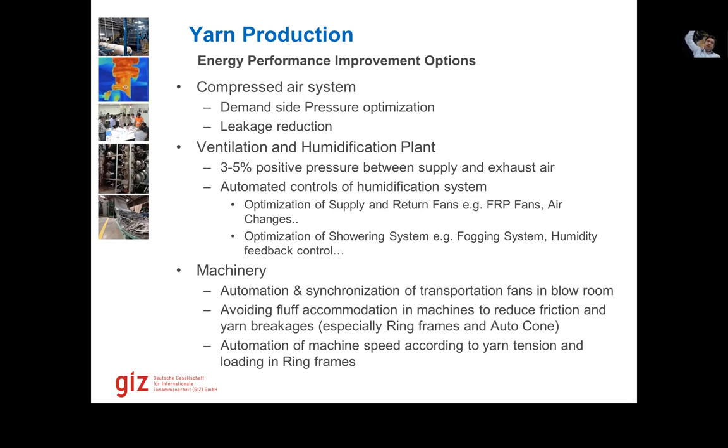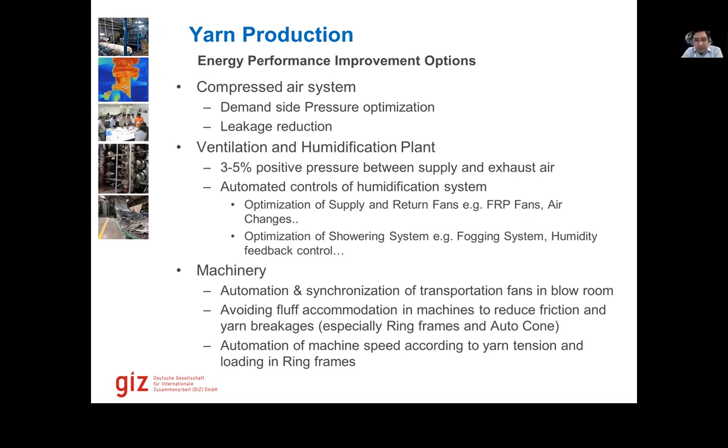So we provide more air from the top and exhaust less air, so it pushes the fluff downwards. If you enter a spinning mill or a weaving mill and see fluff particles suspended in the air, that means positive pressure is not being created, they are creating negative pressure.